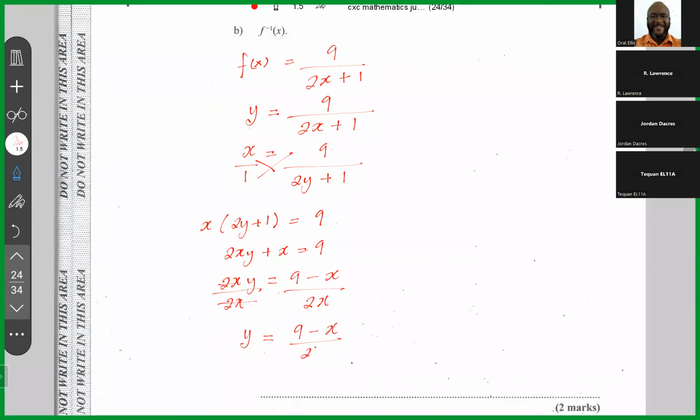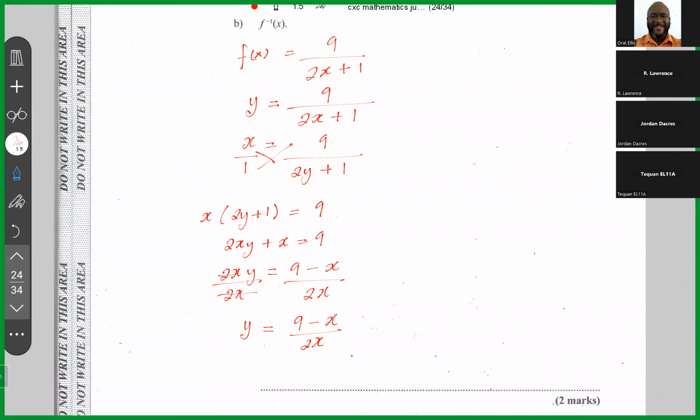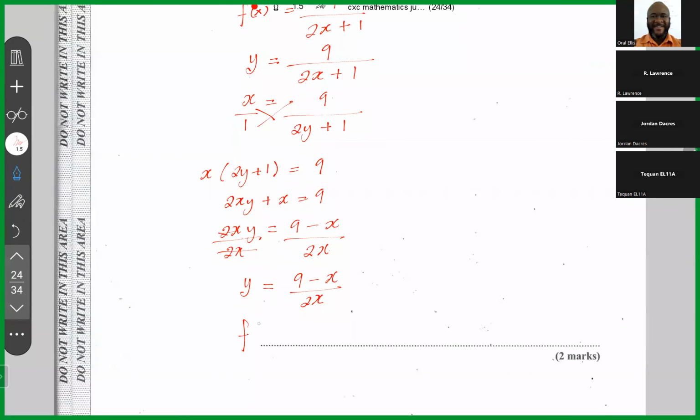So step 3 is to make y the subject again, which I've just done. And step 4 is to take out y and say f inverse of x is equal to 9 minus x over 2x. F inverse of x is 9 minus x over 2x.